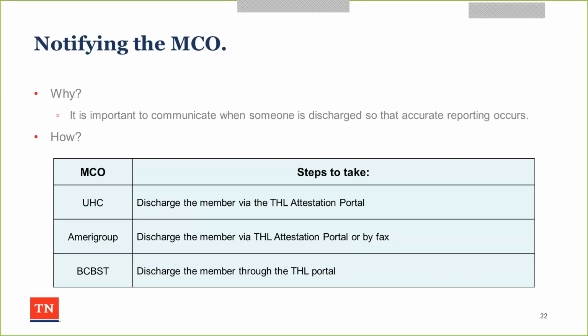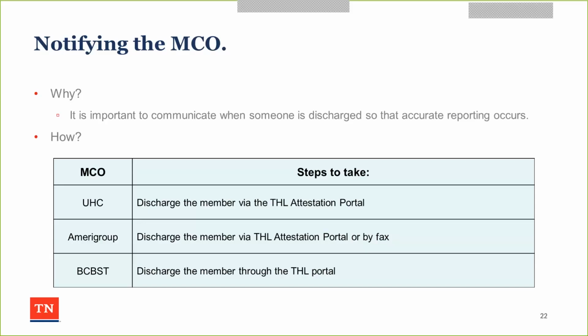That is a very important feature to remember when you're working with these individuals, and making sure that that information is communicated back to the MCOs in a timely manner so that accurate reporting and discussions and planning and interventions, not only at the member level, but at the provider and MCO and state level, we need that accurate data so that we can accurately measure the impact of this program.